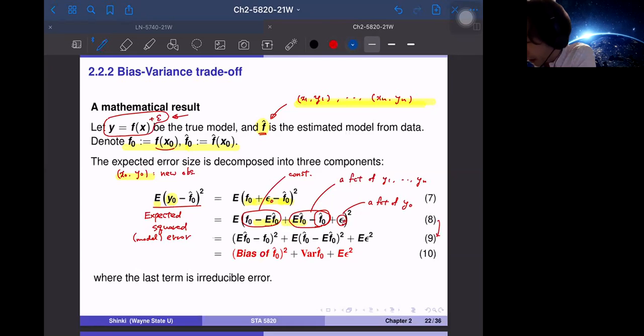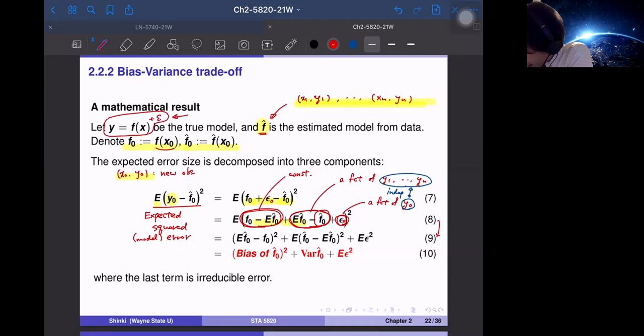And these are independent. So y1 to yn and y naught are different observations, so our assumption is these are independent. So that means these 3 parts are independent. So we can decompose it, and the expectation just splits.